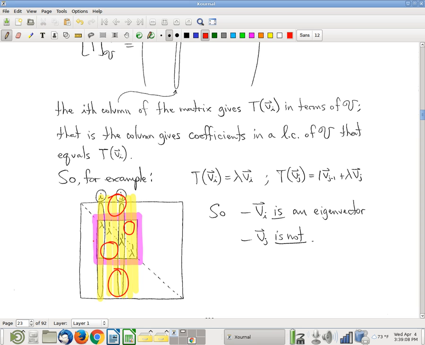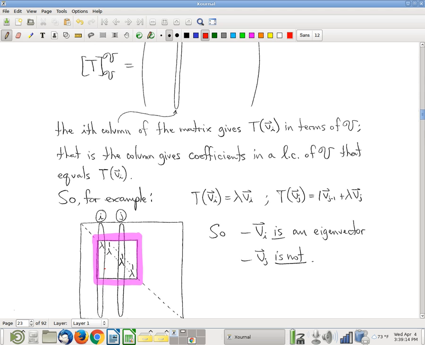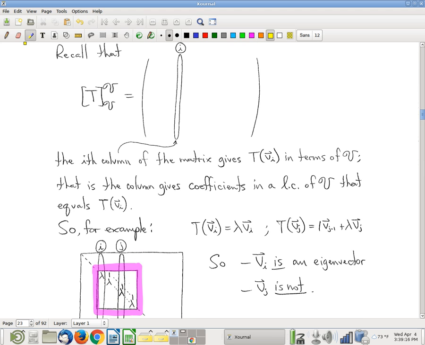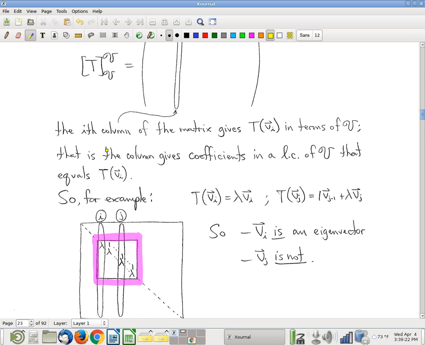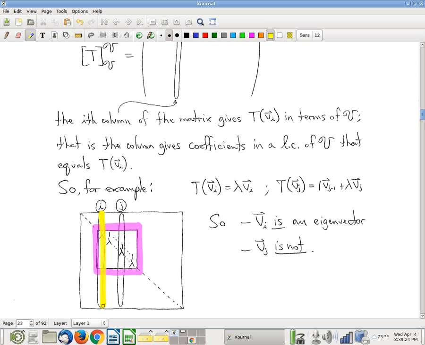Okay, so that being the case, let's look at one column at a time. Keep in mind that the columns are telling me about the images of the basis vectors. And let's look at this first column. This being the first column corresponding to this block, there's only one entry in that column.